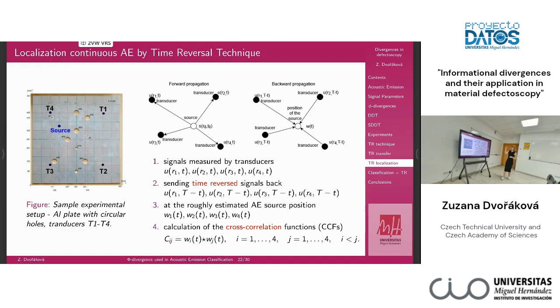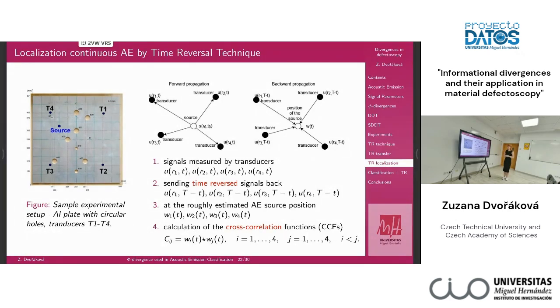It was like the signals on the second slide, I think. But in case of continuous acoustic emission, that means, for example, a leakage of some gas from pipelines, which is a continuous signal, it's not so easy to localize it by TR.